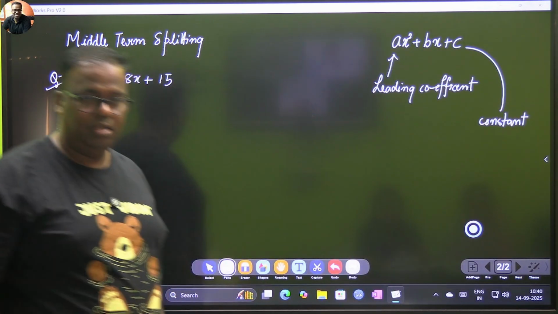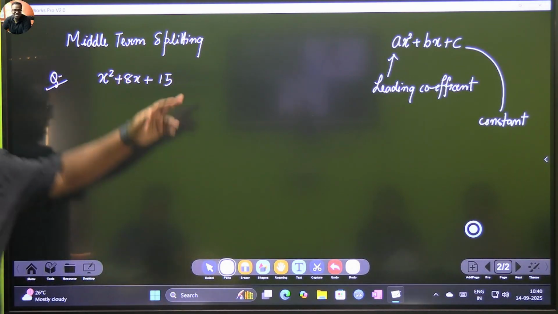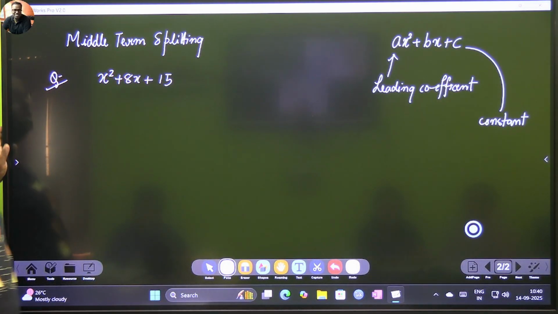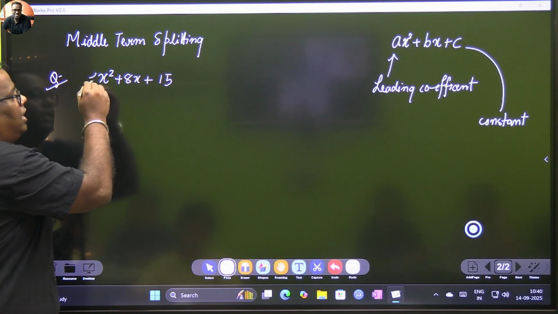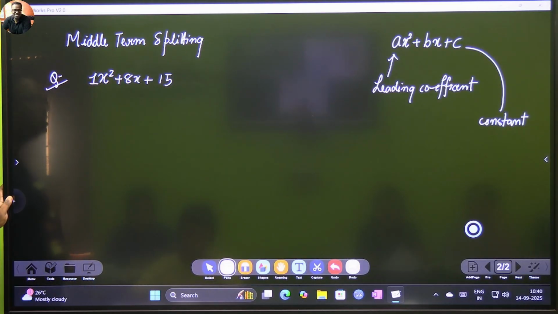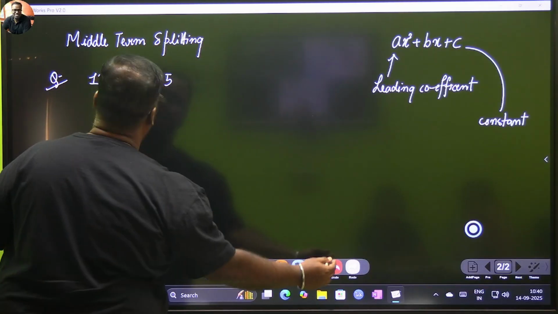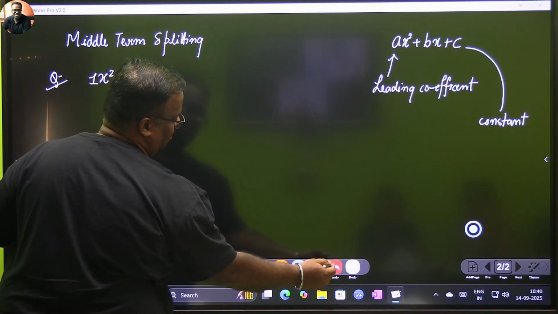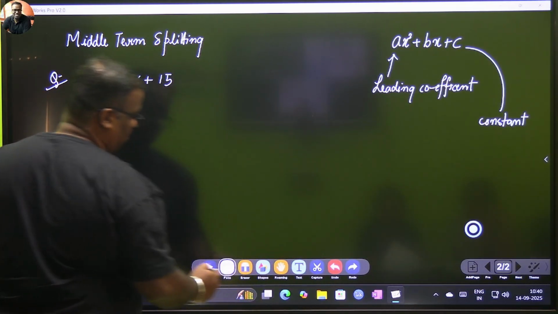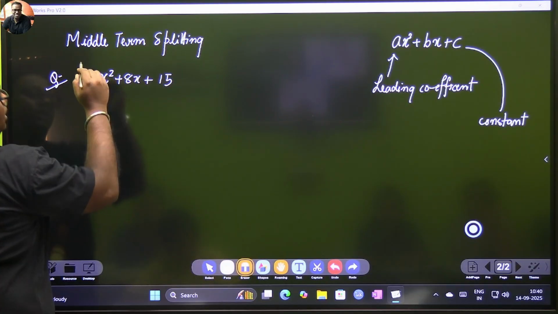Is this clear? Compare that with here. Here, however, the leading coefficient is hiding. It is actually 1x square. 1 is the leading coefficient. Have we understood this much? Okay. One is our leading coefficient.